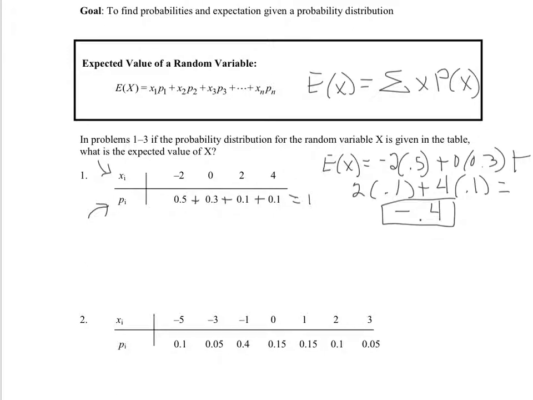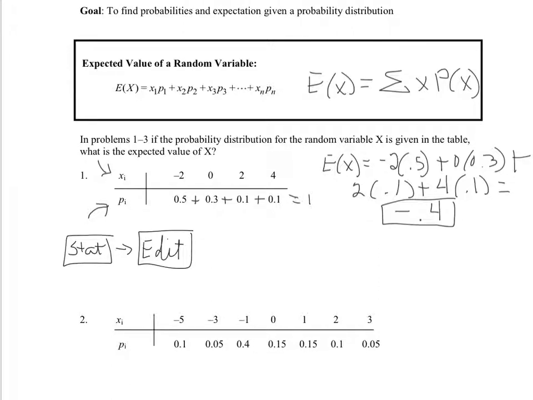So go to the button that says Stat and hit Enter, which allows you to edit. What you will see are columns titled L1, L2, and so forth. What you want to do is put all of the X values in L1, so you would enter -2, 0, 2, 4 in your L1.